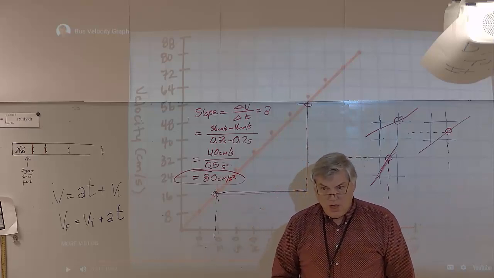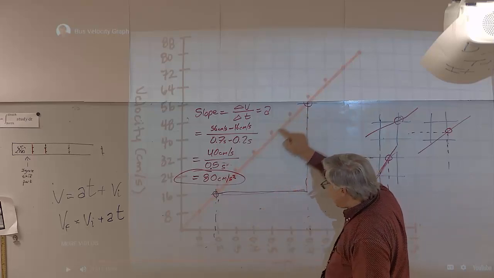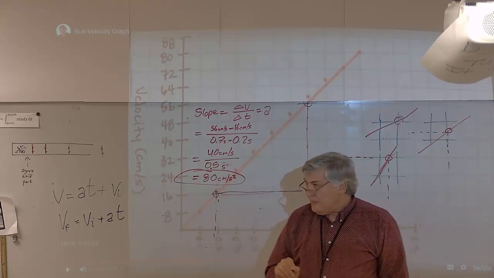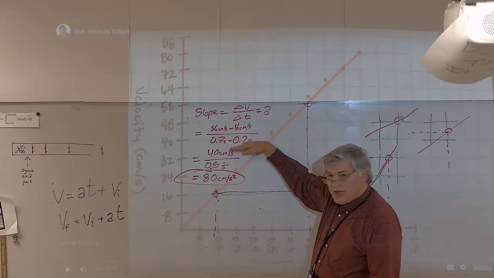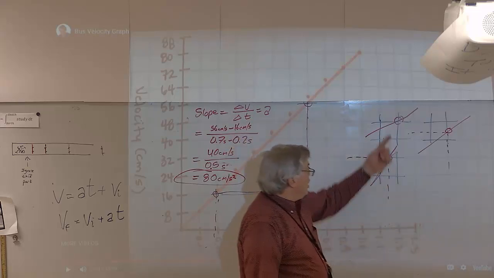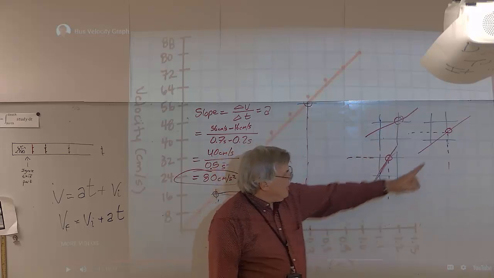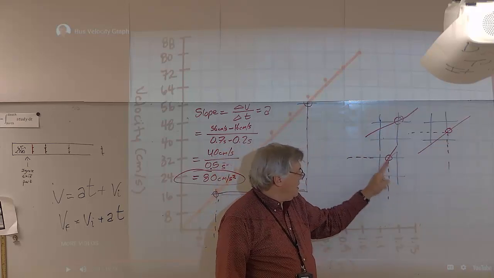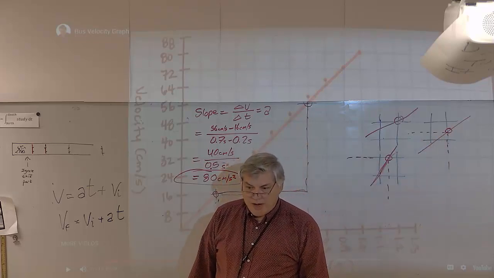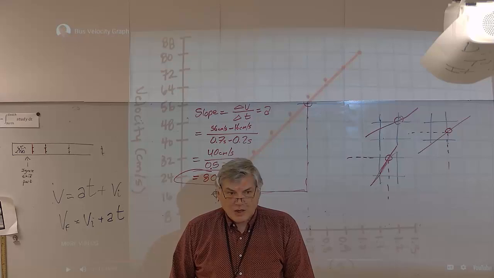Okay? So pick 2 spots on that line that you can easily identify and use them to calculate your rise over run. And like I said, going through a corner, that's easy to identify. Going through a midway point, either here or here, those are also easy to identify. But use those to calculate your slope.